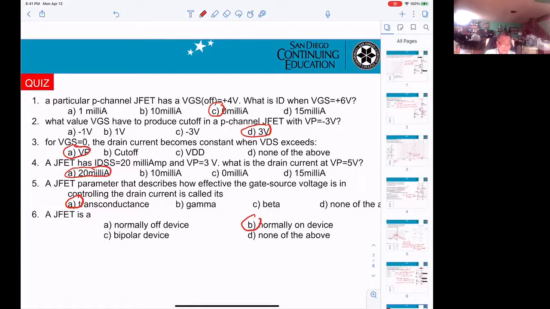So normally when you see the multiple choice, you can now get the right answer. That means you really understand this chapter. And this JFET is very important for every technician. Most of the time you don't have to do any calculation.